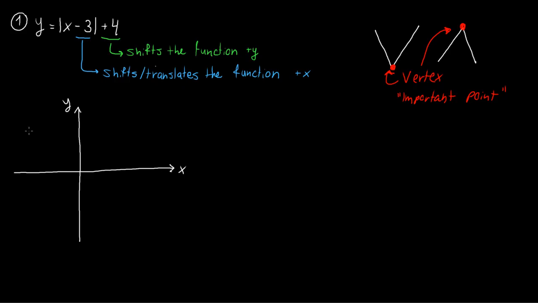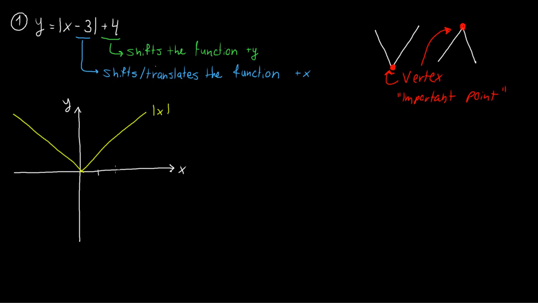So let's draw, just for reference, I'll use a yellow, a traditional absolute value of x. So this function is the absolute value of x. Now, let's go with the blue one. The blue translated this in the x direction in a unit of 3.